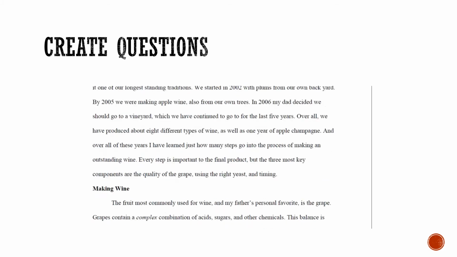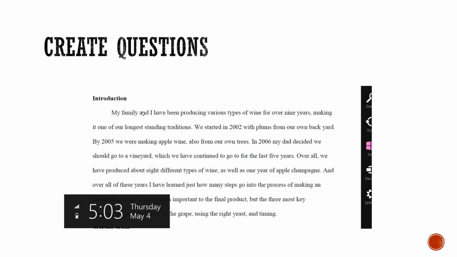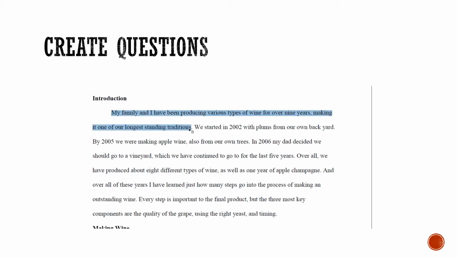Looking at the first sentence of each paragraph, you can turn it into a question by saying, how long has the family been producing various types of wines? Now, these questions that you are creating are not going to be turned into the teacher. These are questions that are designed to help keep you focused and mentally active while reading, and to also help you retain what you have read.